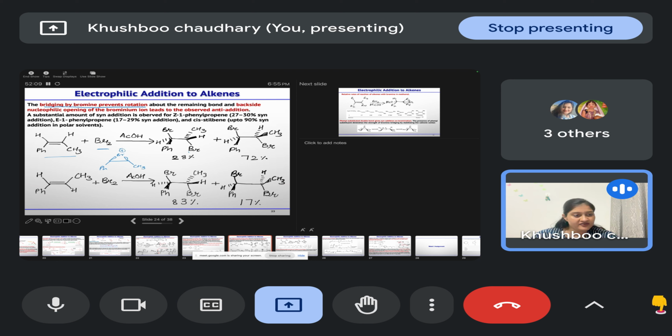So if we are moving from unsubstituted alkene towards tetrasubstituted alkene, then the rate of reaction will increase. As the number of hyperconjugating structures increases, its reactivity will increase, because the electron density on this alkene will increase, and its tendency to donate its pi electrons to any electrophilic species will increase.